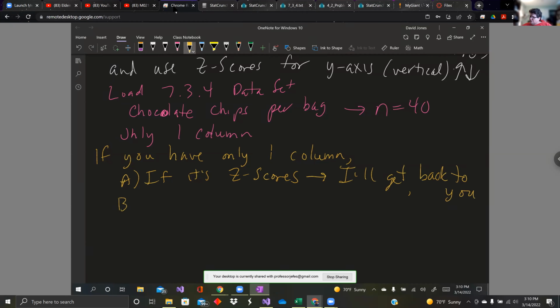If it's observed values like we have here, here we do the QQ plot.